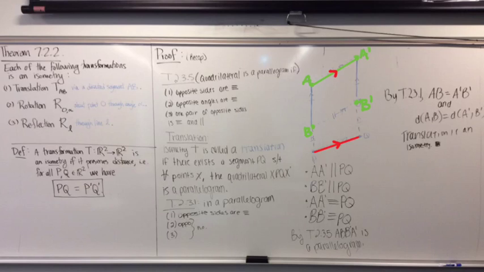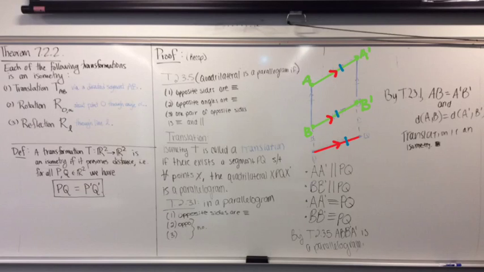So we get a parallel segment that is also congruent to PQ. And likewise, when we define B prime, the translation of B, we're also saying that that segment is parallel to PQ and congruent to PQ.